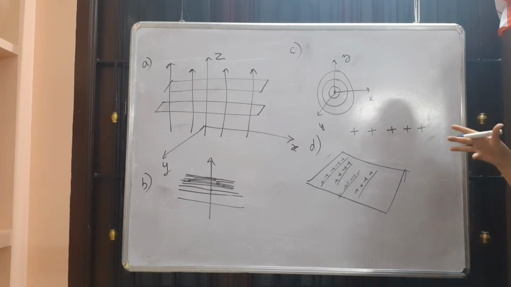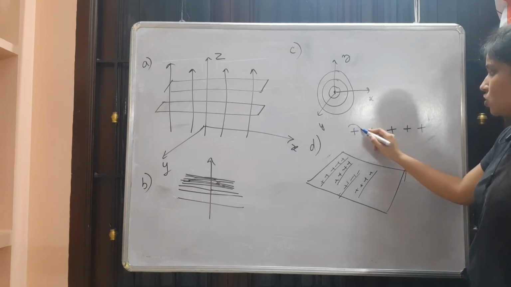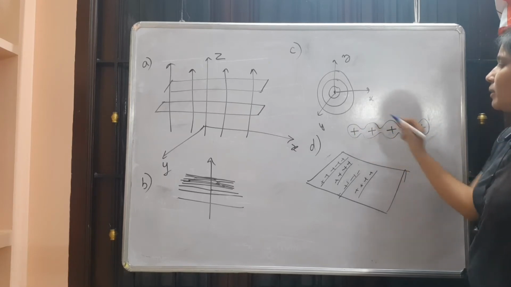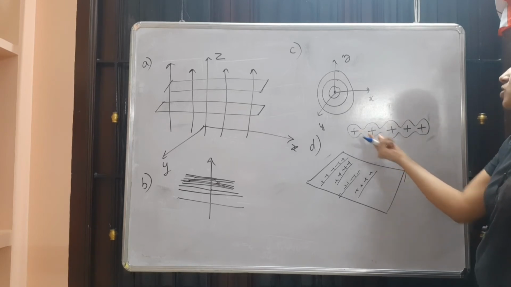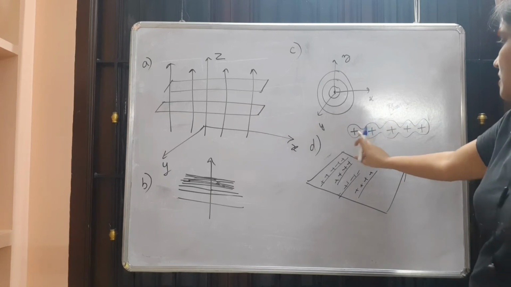How will you have the electric field or equipotential surface? First of all, for a single charge it will be like a shell, isn't it? But because you are having another charge in between, they will be disturbing each other.